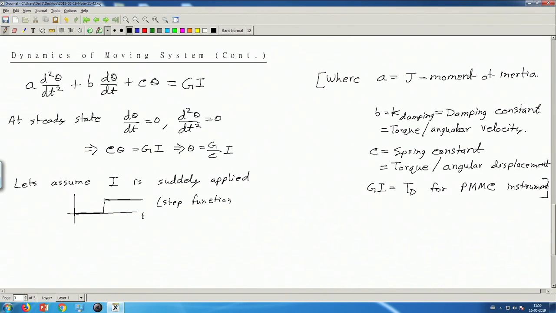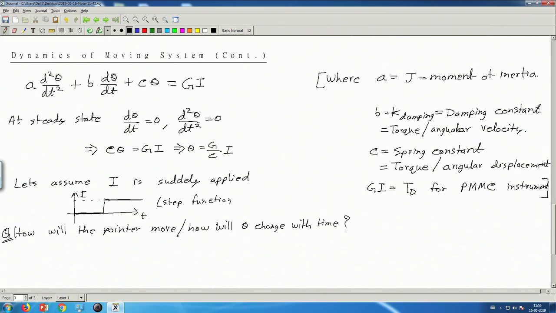This is time, this is current I, and this value of I is applied suddenly. Then how will the pointer move, or in other words, how will θ change with time? This is the question we want to find out.